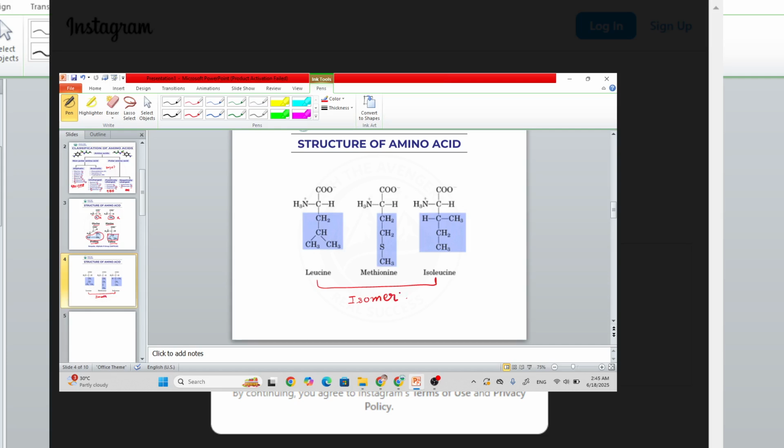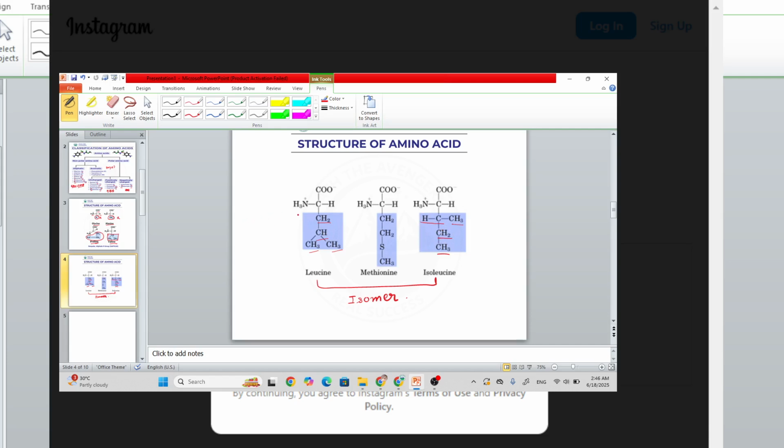What are isomers? Isomers have the same molecular formula but differ in structure. This one contains CH3, CH, CH3, CH3, and the other also contains two CH3, one CH2 and one CH, so their molecular formulas are the same.